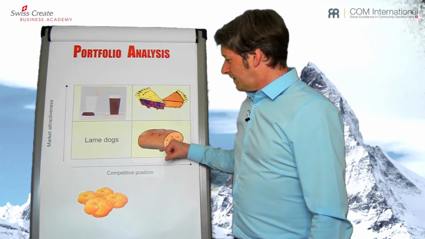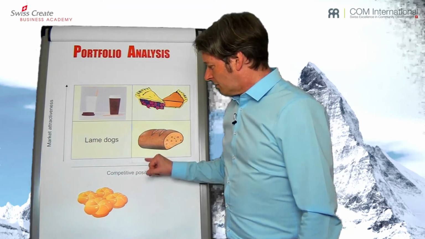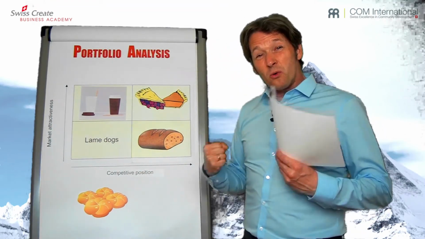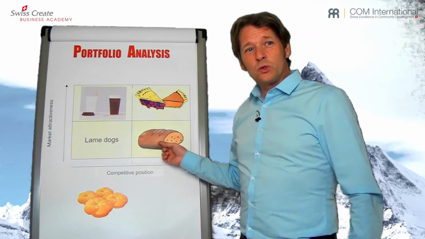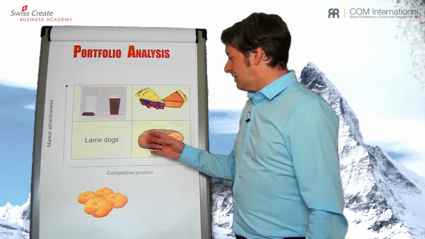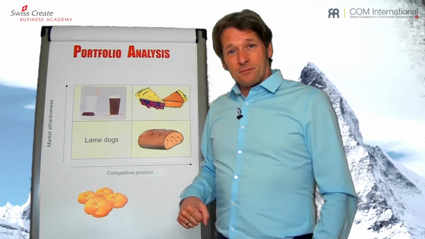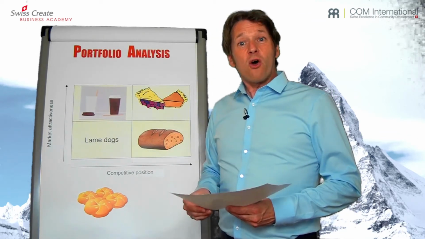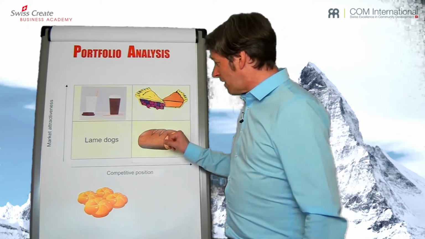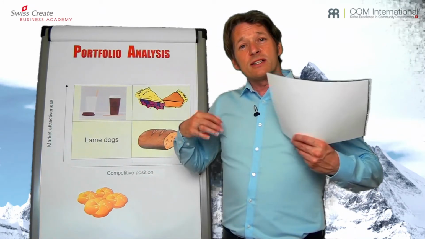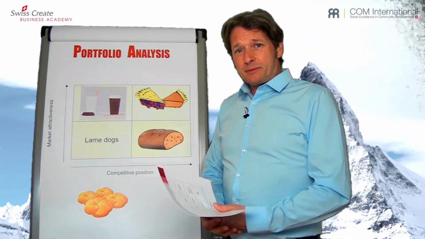But as long as you have this competitive position, as you are known as the whole grain bread specialist, you will sell it, you will produce it, and you will make money, and you will milk it. And this is no sin, to earn money with products which are established and people like.